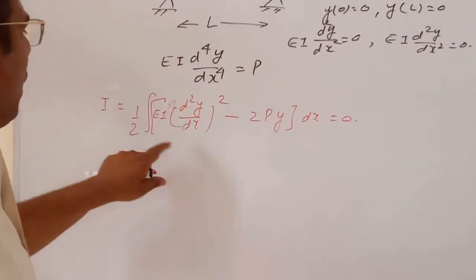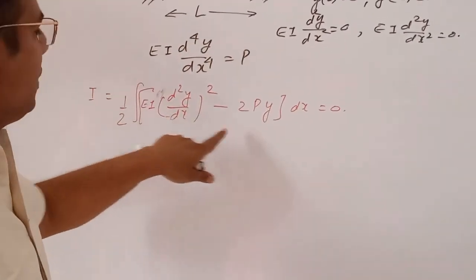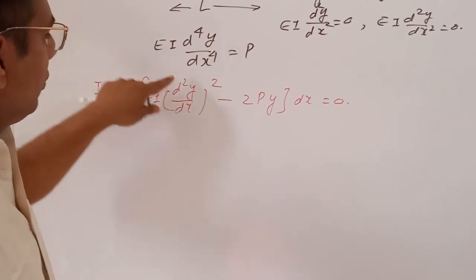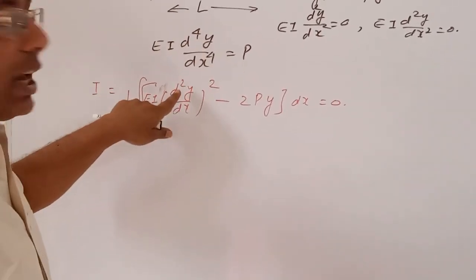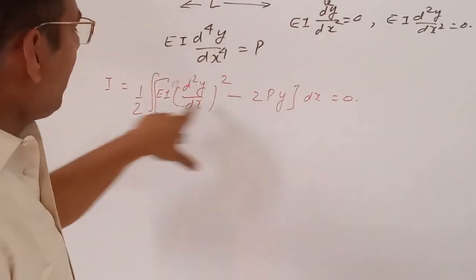Now you can check here, solving this one and solving this one. Here we are having a fourth order equation. Here we are having a second degree equation. So this is the variational form of the equation, right?